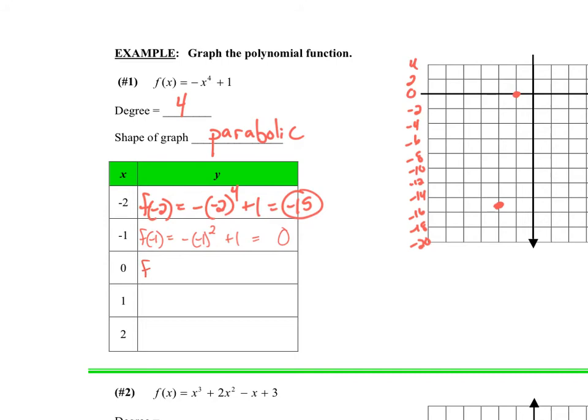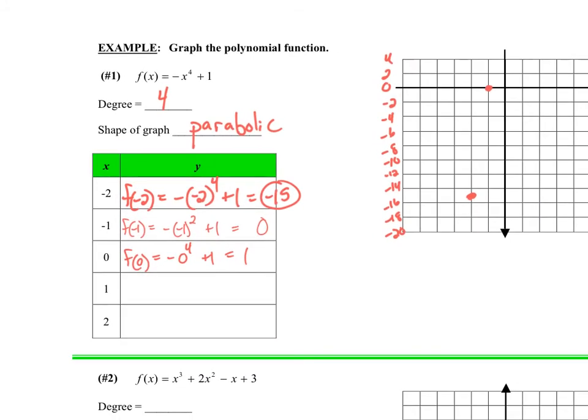Then we put in 0. So f of 0 equals negative 0 to the fourth plus 1, which is 1. So 0, 1. If x is 1, plug in 1.